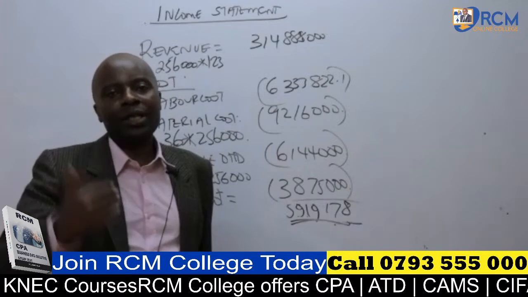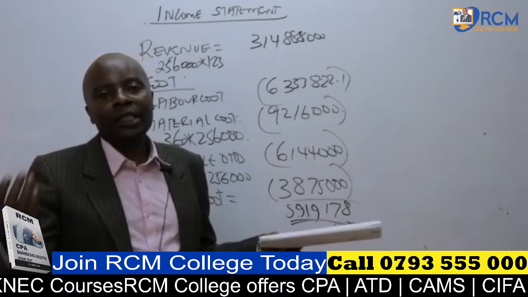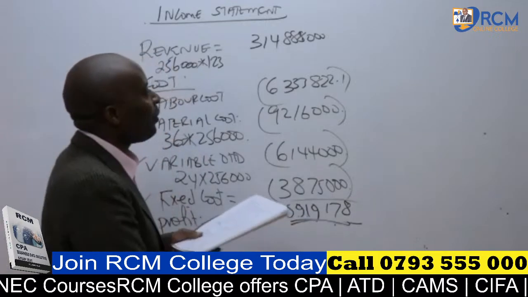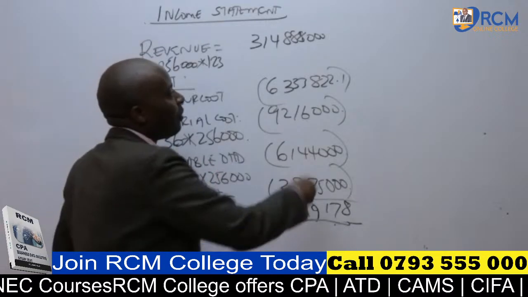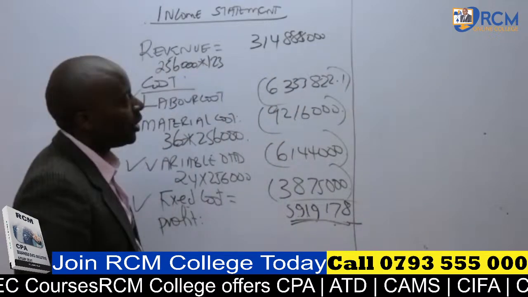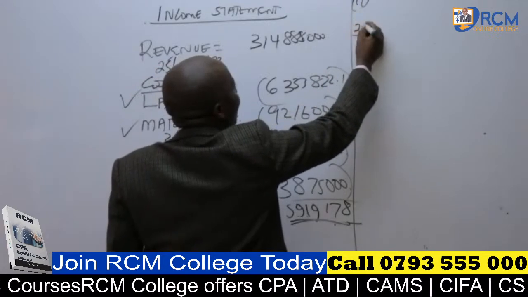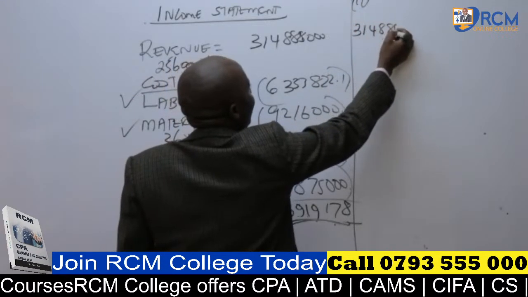As learning rate fluctuates, it's only labor cost that can fluctuate. All the other things are going to remain the same. Revenue will not be affected because we are still going to produce the 256,000 units. So in Roman 2, my revenue will remain the same, 31,488,000.